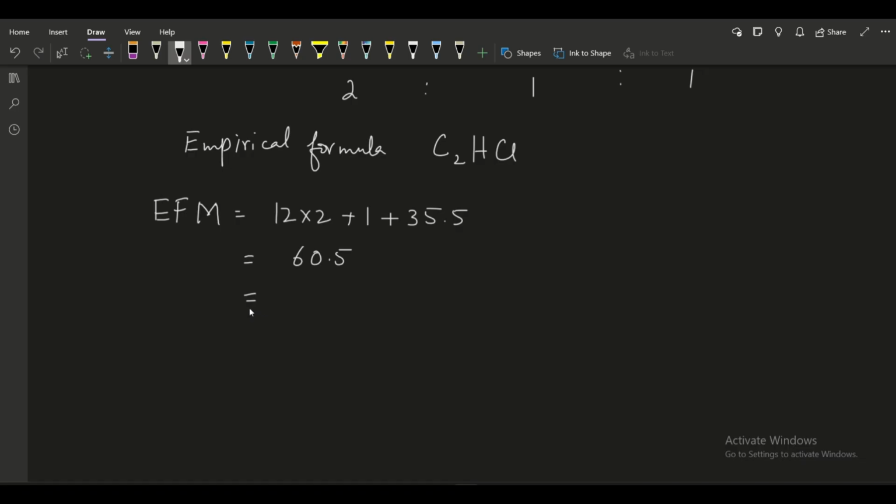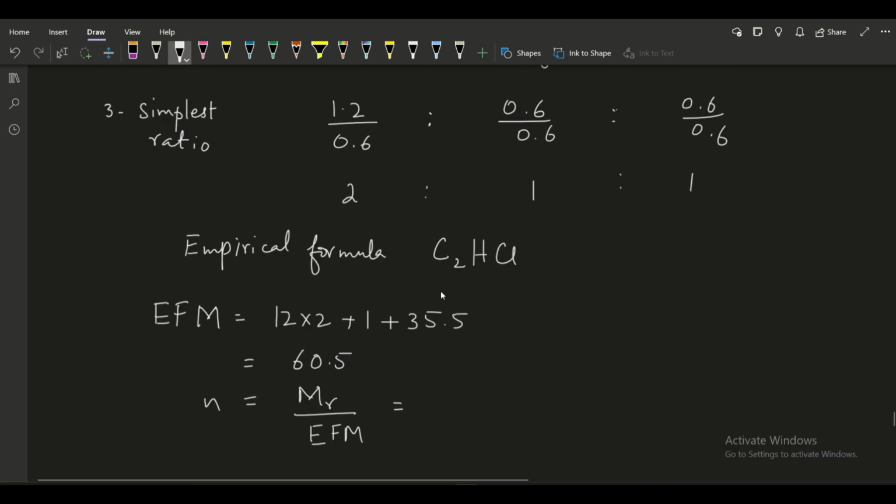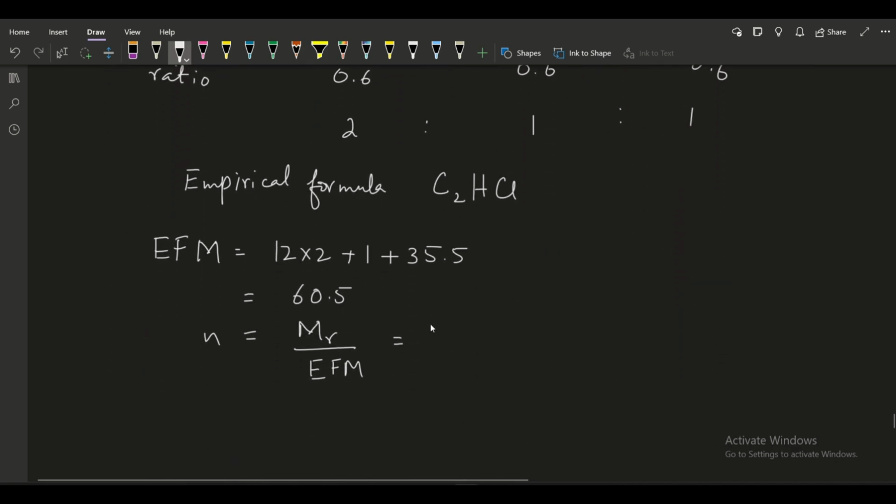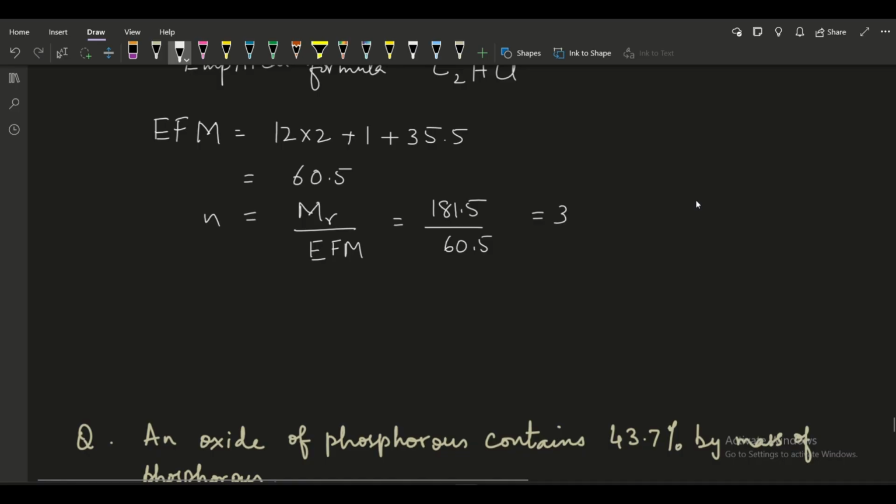Then you have to find the value of n, which you can calculate by using this formula. The value of MR, relative molecular mass, was given, 181.5 divided by 60.5. Your answer would be 3. Here the value of n is equal to 3.